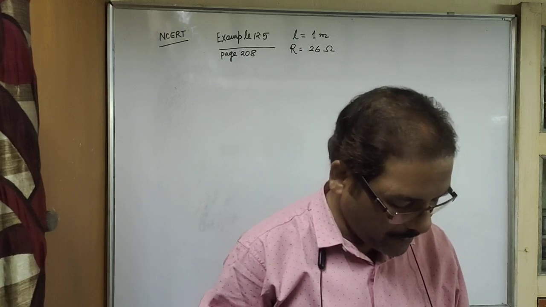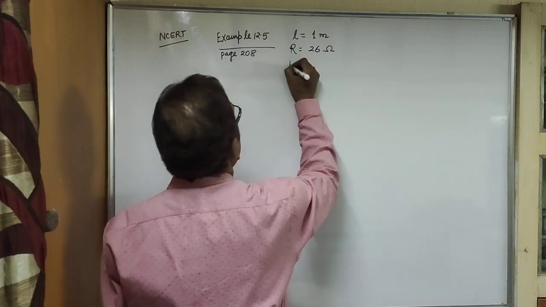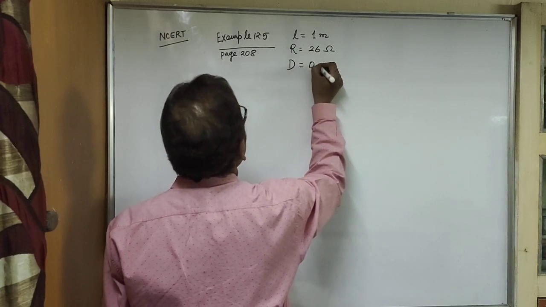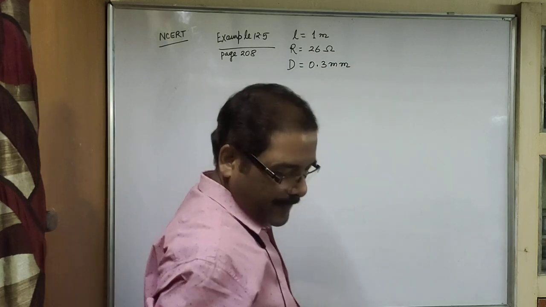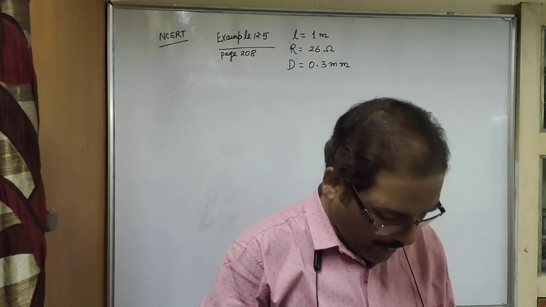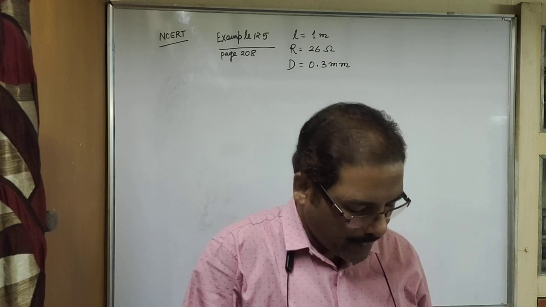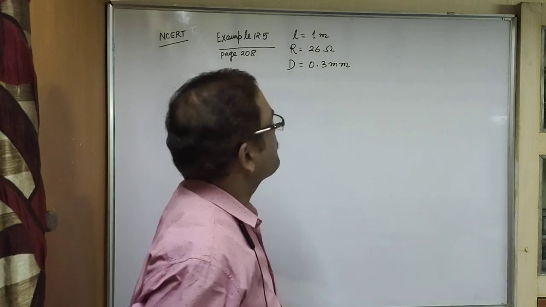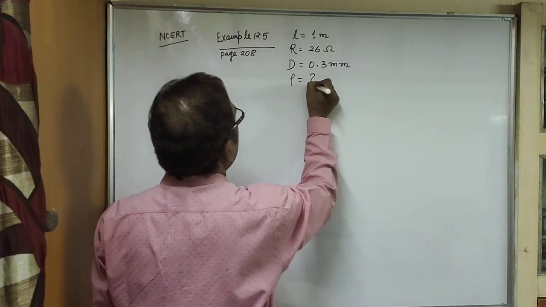If the diameter of the wire is 0.3 mm, diameter of wire is given 0.3 mm. What will be the resistivity of the metal at that temperature? So you have to calculate resistivity here.